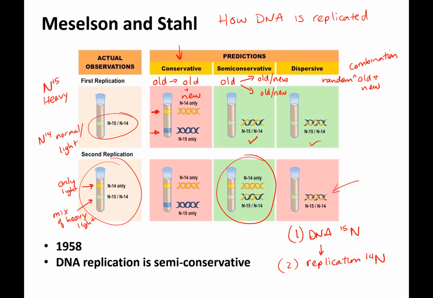But with semi-conservative, when your blue strand and yellow strand were replicated, all the new DNA is going to be light, so you would get a second light strand here and a light strand here, and that would give you light and a mix of DNA.